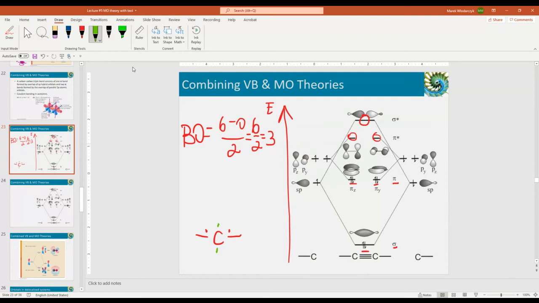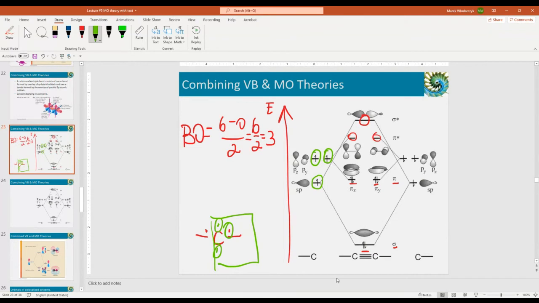Since this diagram only shows that part of the molecule, you see only the sp hybridized orbital and only 3 electrons: 1, 2, and 3 here. The fourth one is not shown because this diagram doesn't show the CH bond formation. It shows the triple bond formation.